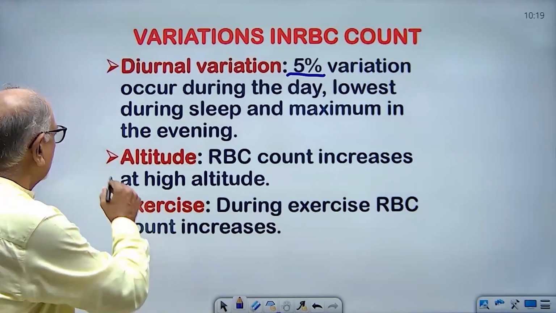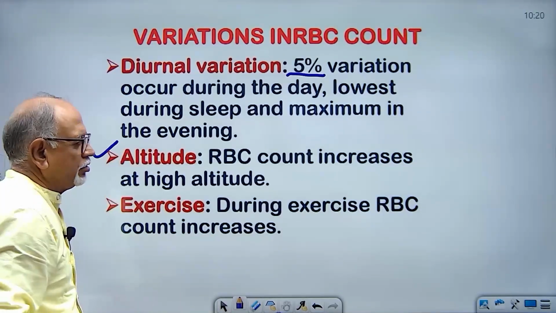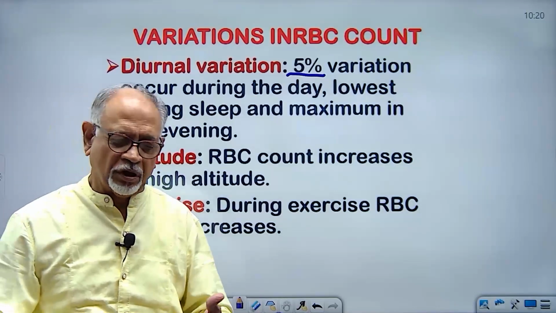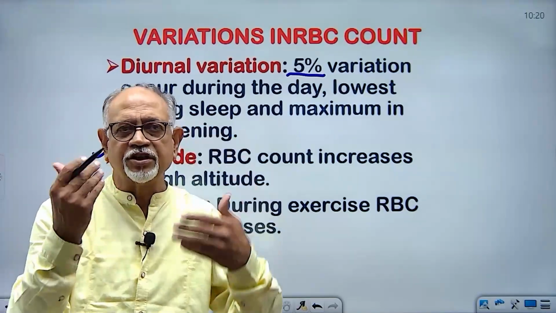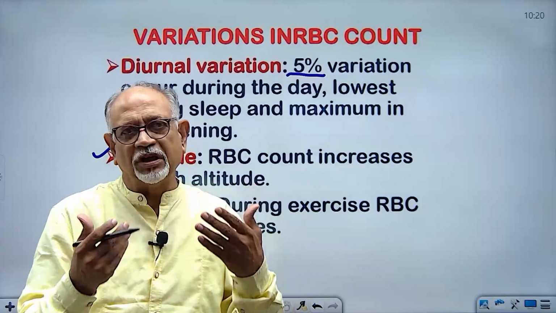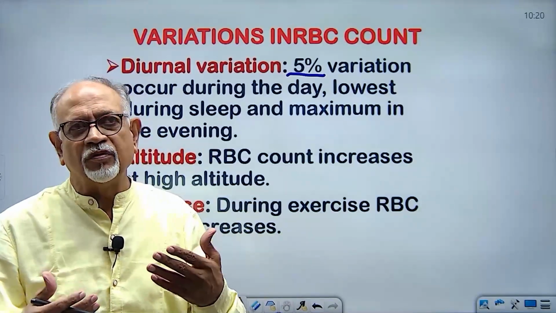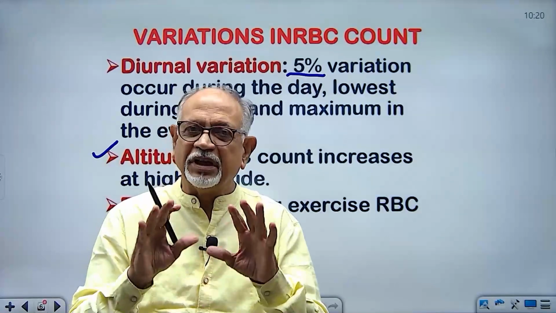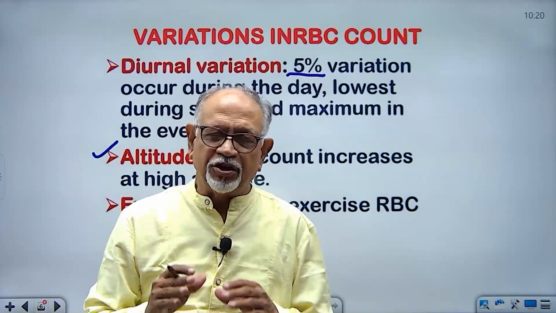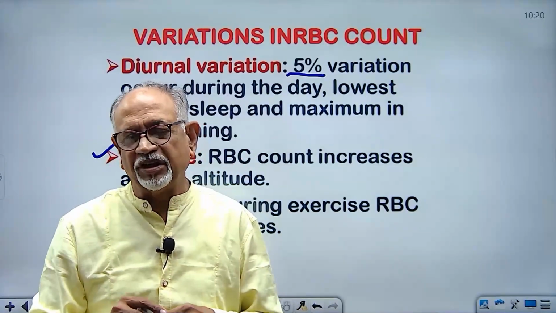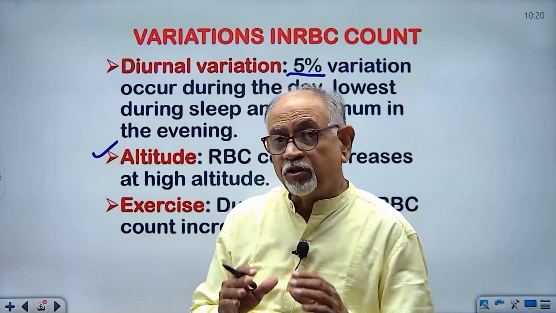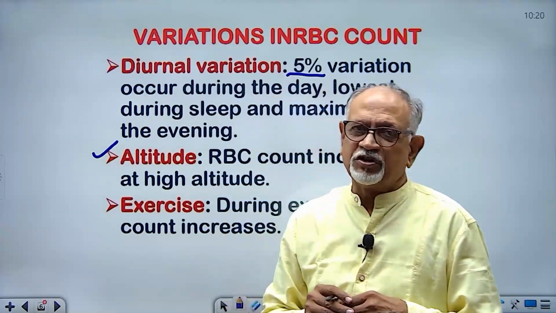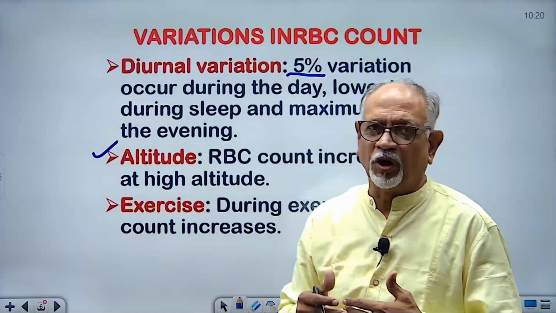Then altitude. As we move on to higher altitudes, gradually the oxygen amount in the air decreases. And due to that decrease in the amount of oxygen, two physiological changes occur in our body.